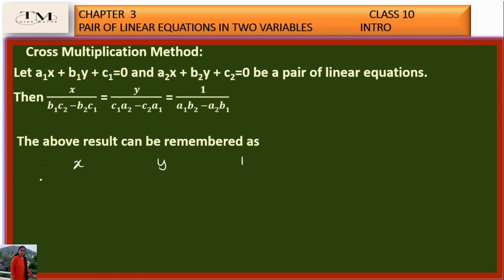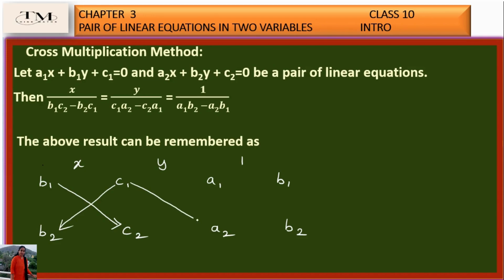Here it is b1, c1, a1, again b1, and down it is b2, c2, a2 and b2. We just have to draw the cross. If we draw the cross, we can easily find out the result.